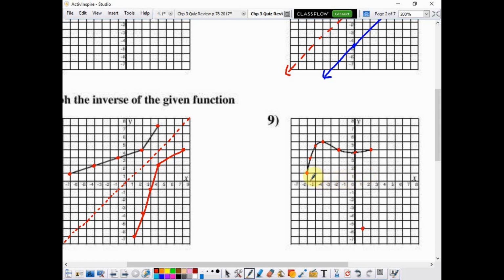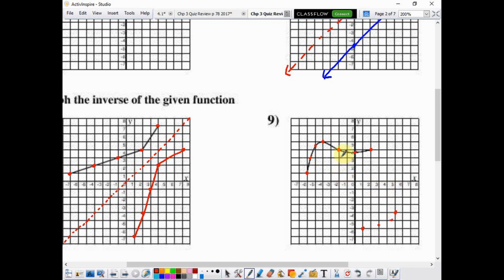Negative 5, maybe a little bit over a half. 3 becomes 3, negative 5, and a little more than a half. Negative 5 and about 4.5, 4.5, negative 5. Negative 4, 5, 5, negative 4.